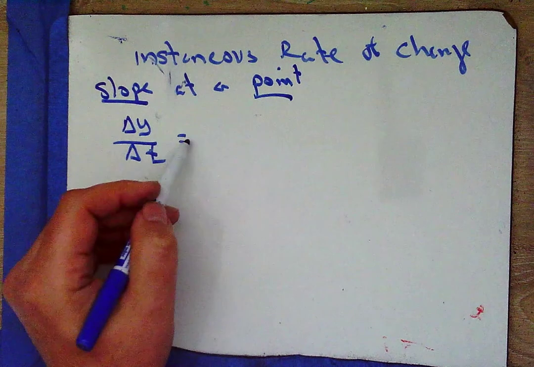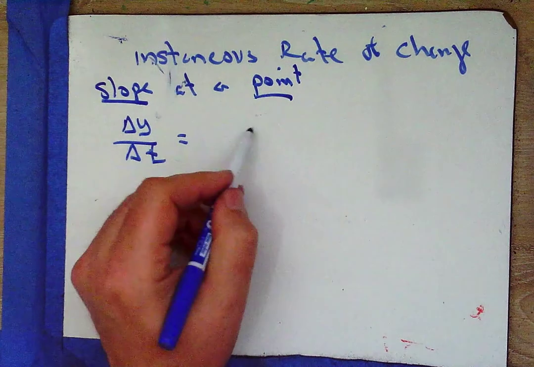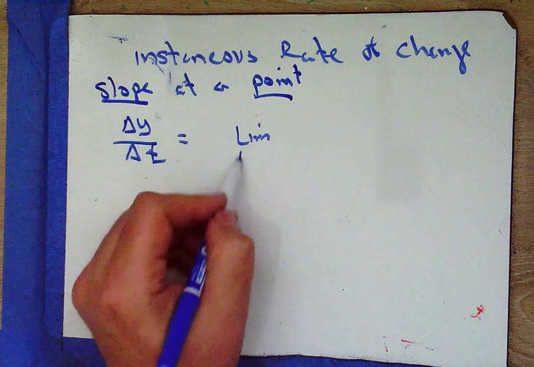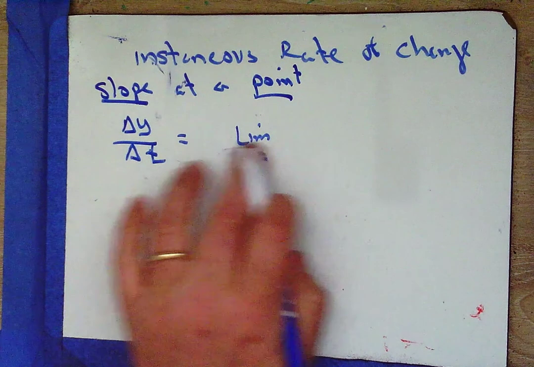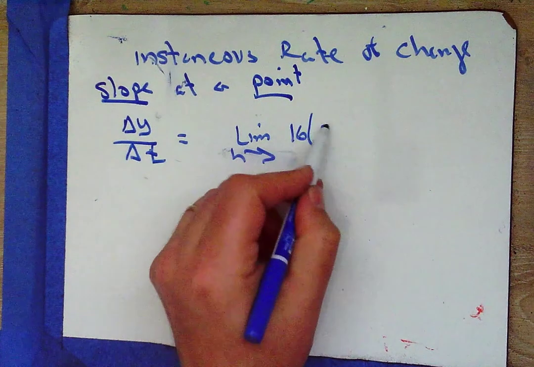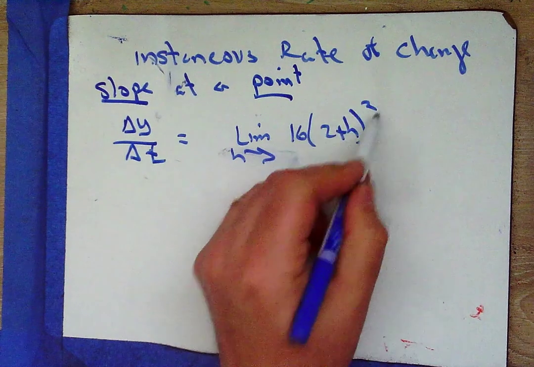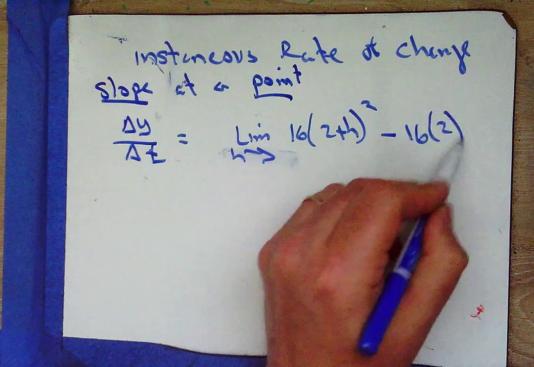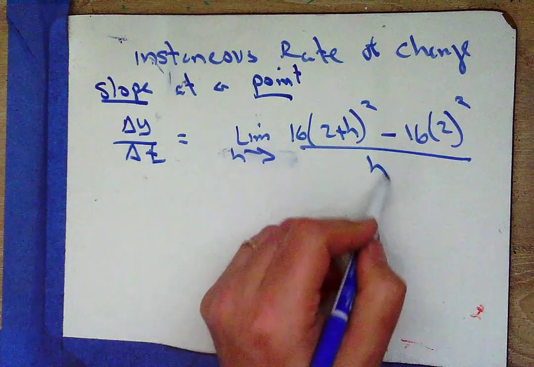And in our problem, we're going to say the limit as h approaches 0 of 16(2 plus h) squared minus 16(2) squared over h.